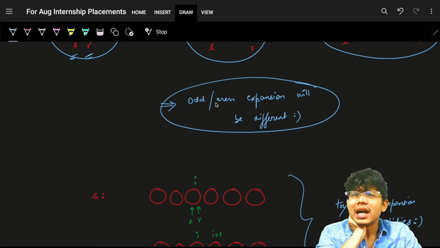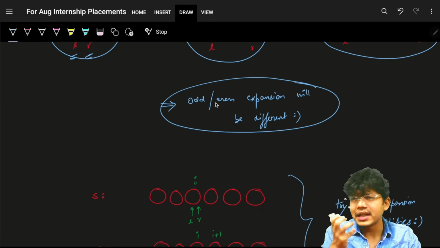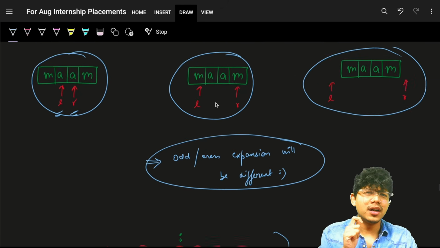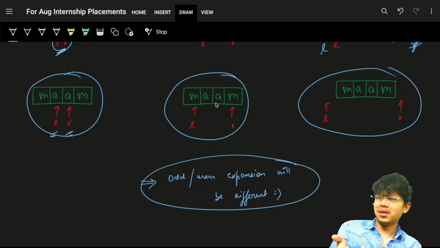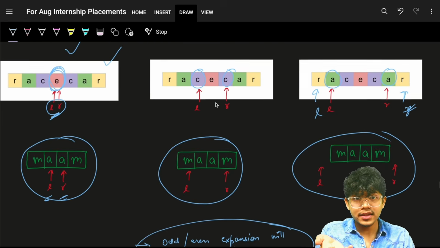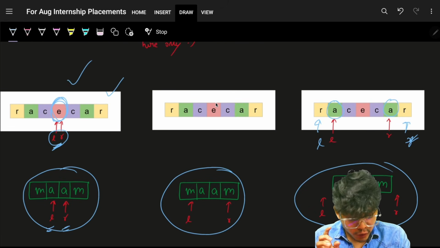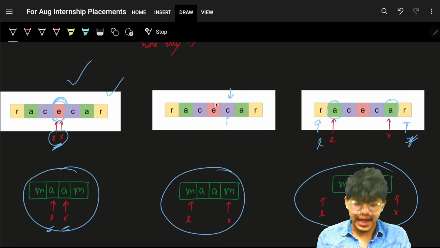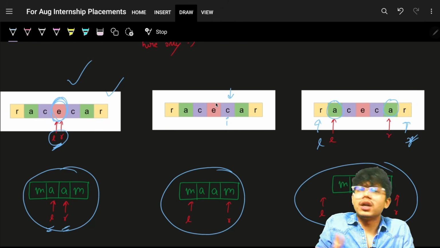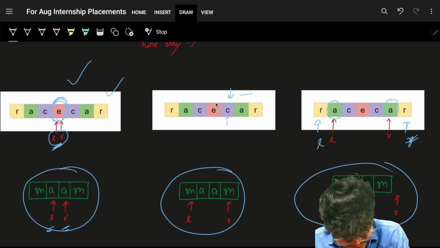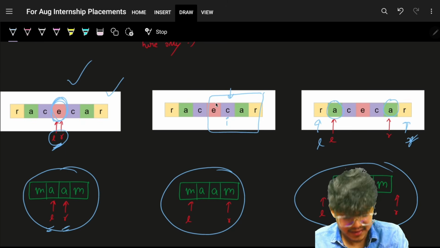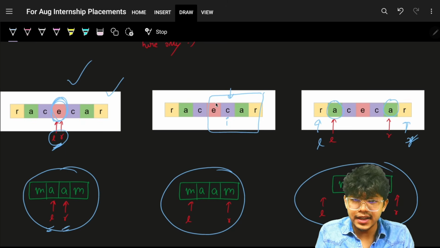But bhaiya, how will we know when to try for odd length, when to try for even length? But I'll say, because you know the string length. No bhaiya, because we want to find the substring. Basically, if I'm at this index, if this is my I, how would I know whether it will form an odd length substring or an even length substring? How would I know if I'm at this I index, right?